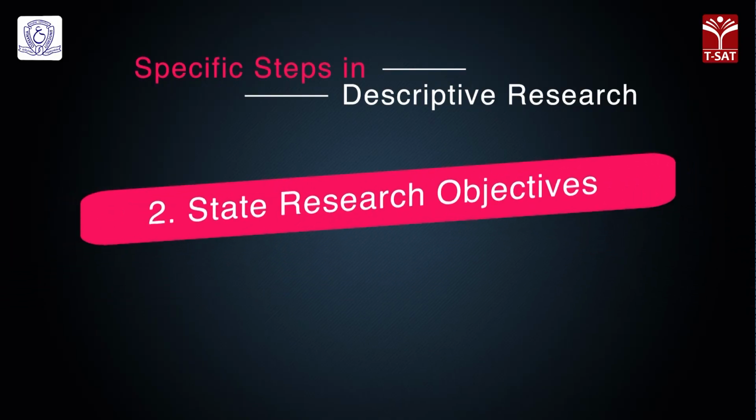Second major step is to state research objectives. Stating research objectives is the first level of specification. Statement of research objectives is the second but very important stage of specification. Under this, you state objectives with respect to each of the major variables, descriptive relationships and causal relationships to be covered by your study.